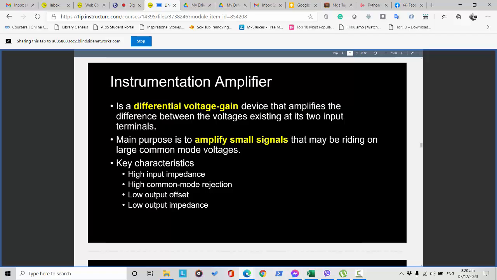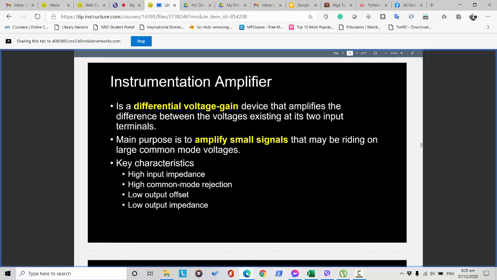The main purpose is to amplify small signals that may be riding on large common mode voltages. Some of the key characteristics of this instrumentation amplifier is that it has high input impedance, high common mode rejection, low output offset and low output impedance.